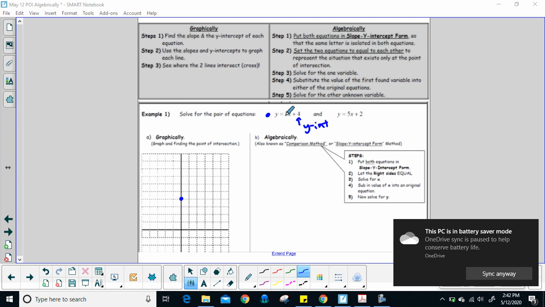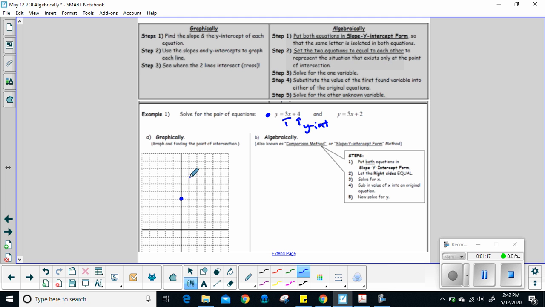And the slope is 3, so 3 over 1. So I'm going to go up 3, over 1. And that's enough to give me a line. There's line 1. Okay. And then we're going to do the same with our other line.